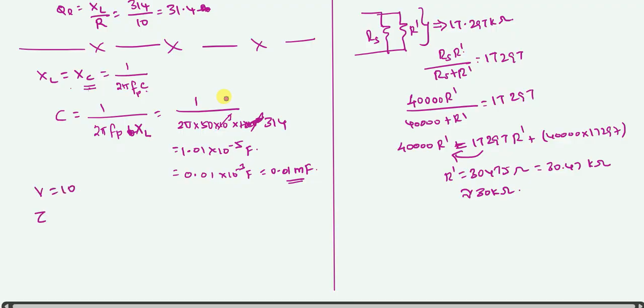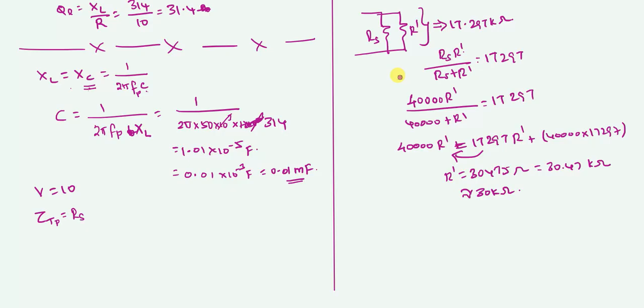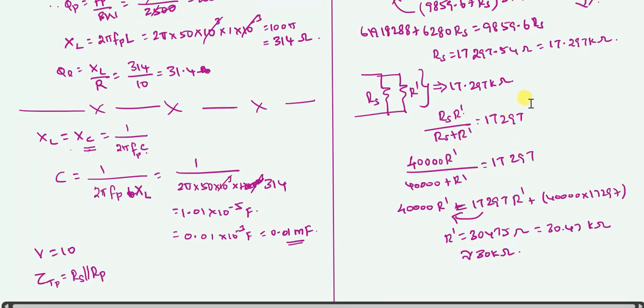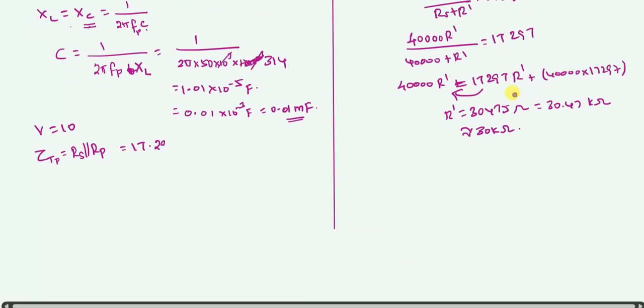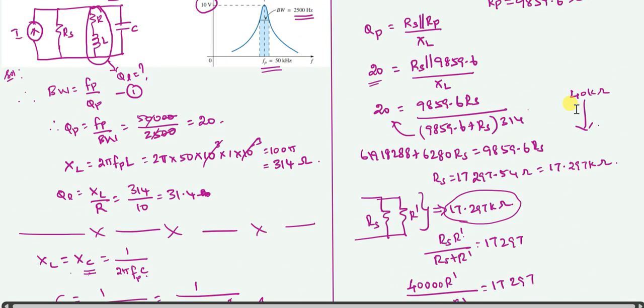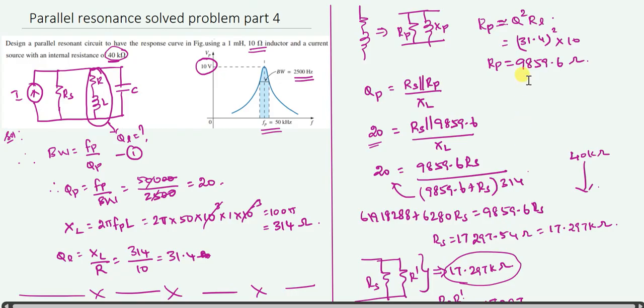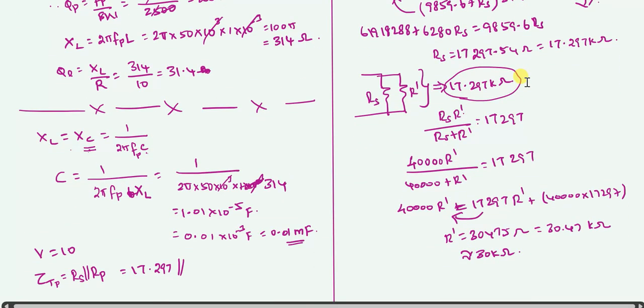And I want to find out the value of total impedance. Here total impedance is equal to RS in parallel with RP. Here the source resistance is limited to this value, 17.297 kilo ohm, in parallel with the value of RP, which is equal to 9859, so 9.859 kilo ohm.